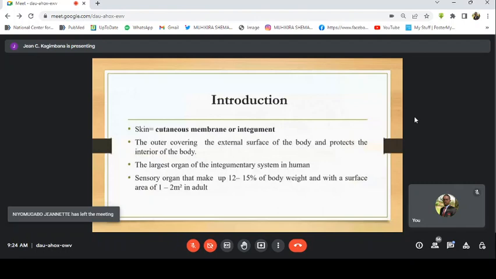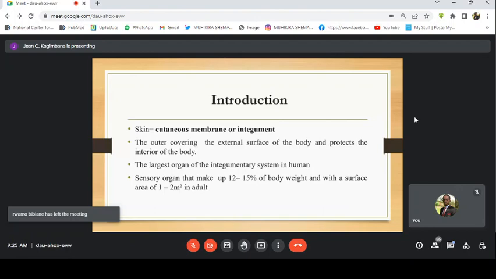it is composed of three components, and the skin, we have said, is also called the integument, which comprises the skin, the hair, and nails.